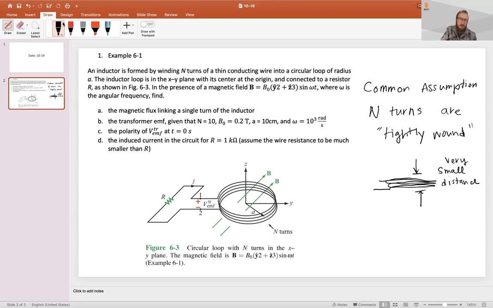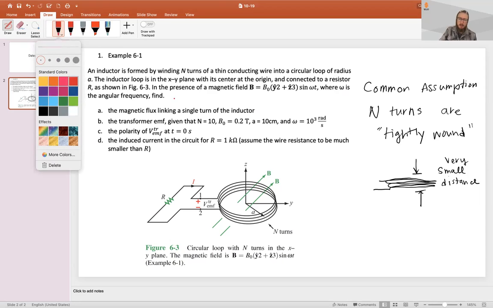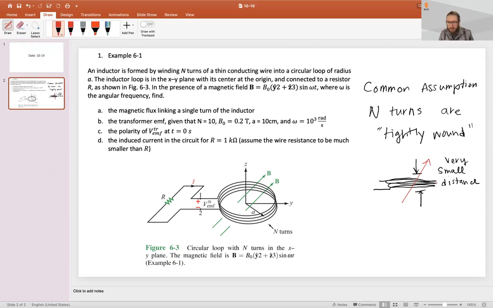The reason that we assume this is, if we have a field like this, we're assuming that none of the field goes through these gaps. You could imagine some goes through the cracks in between the windings. And we assume that this part does not matter. Okay. We assume it doesn't exist.